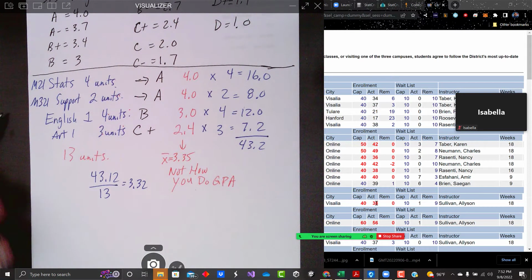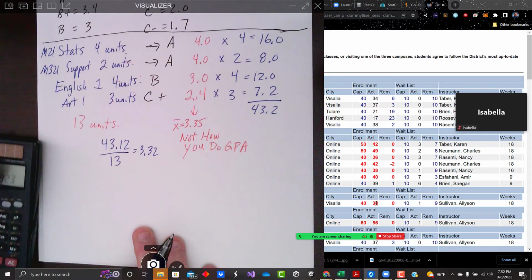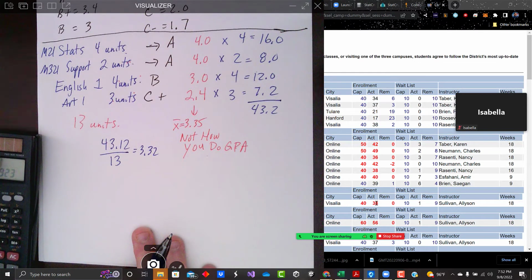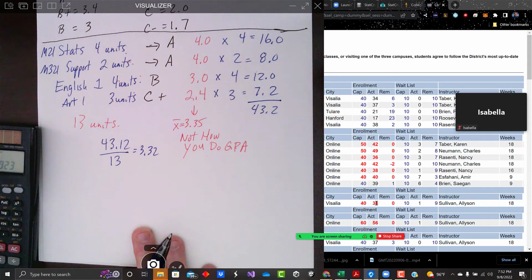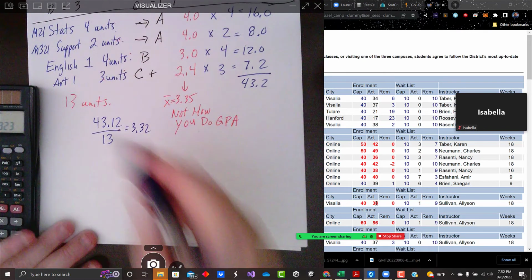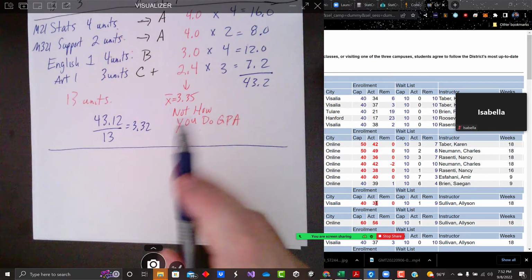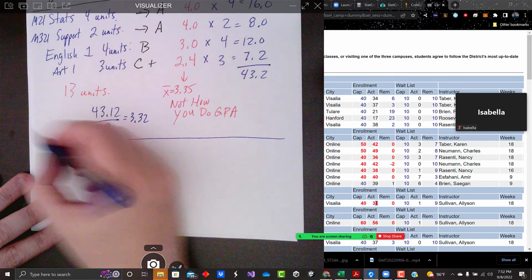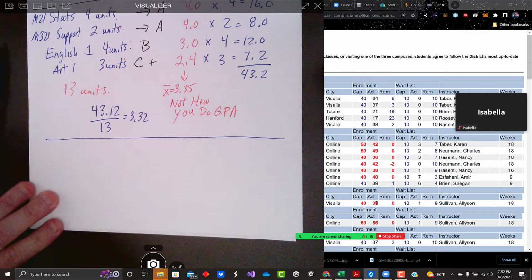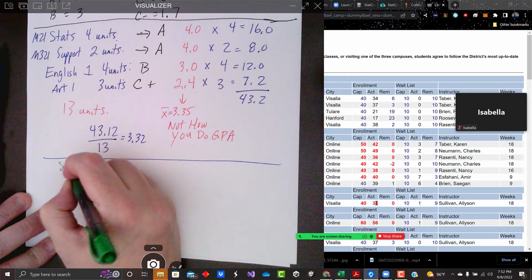I'll shift the grades around and show you what happens if a different class has the A and a different class has the C plus. Ooh, that's a good way of doing it. So let's change the order now. I'm a clever guy.